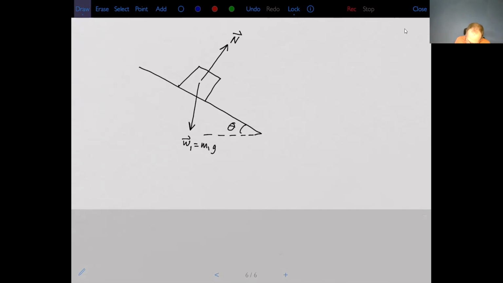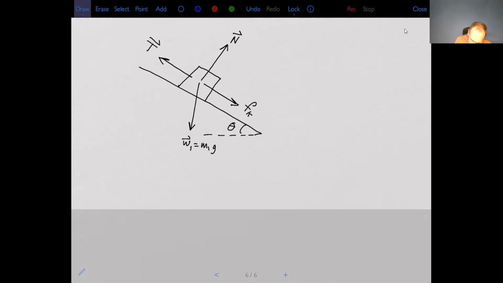And then we had the tension pulling parallel to the ramp, through the string. Also, since it's moving at a constant velocity, or it doesn't even matter if it's moving at all, it has a kinetic frictional force. So we have a kinetic frictional force in this direction, Fk.